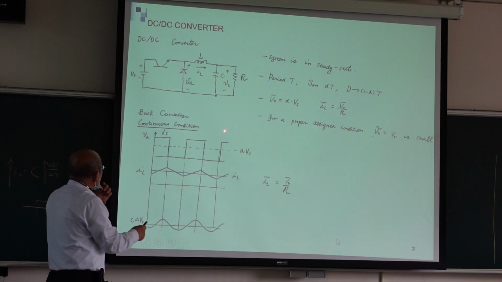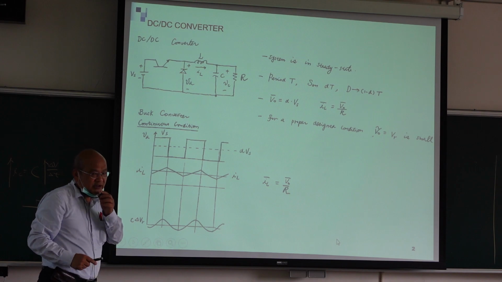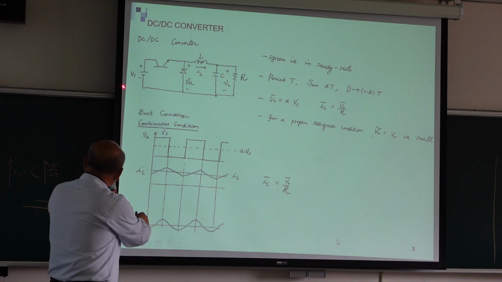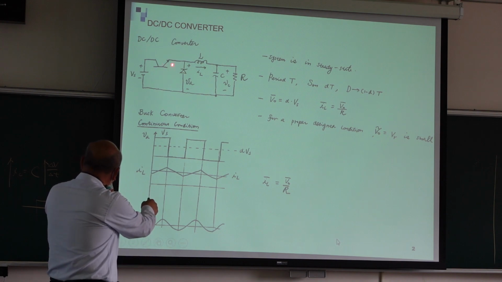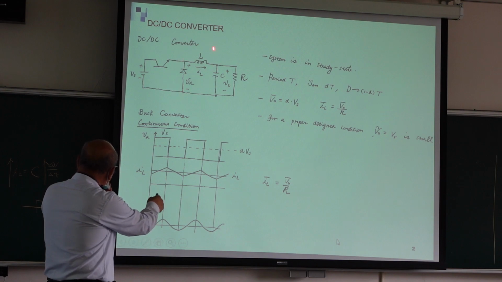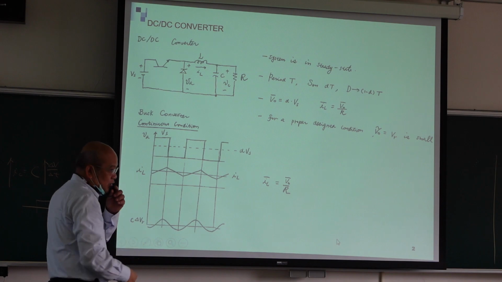So now I have a question. This is a DC to DC buck converter. Can you change anything? Can you remove the input? Can you remove the MOSFET? Can you remove the diode? Can you remove the inductor? Can you remove the capacitor? Can you remove the load?